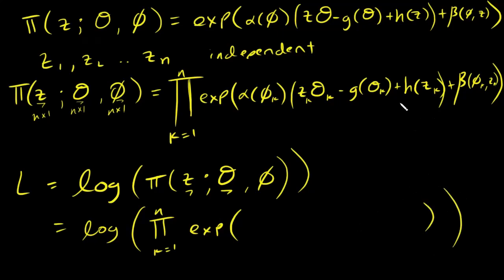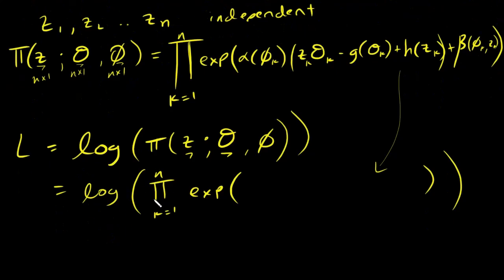I'm not going to write it again. Okay, just put that stuff down there. And then the log, basically that makes that a sum, right? The log of a product is just a sum. So from k equals 1 to n of this, the log of the exponent, then that cancels as well, and you're left with just the stuff that's on the inside.